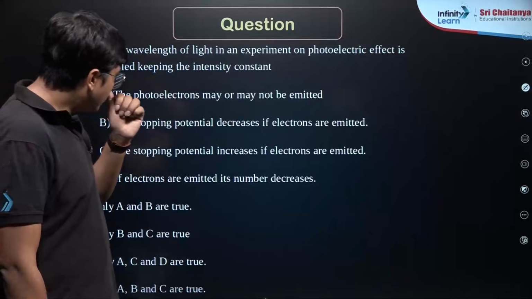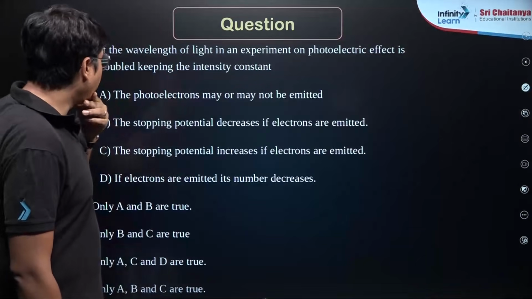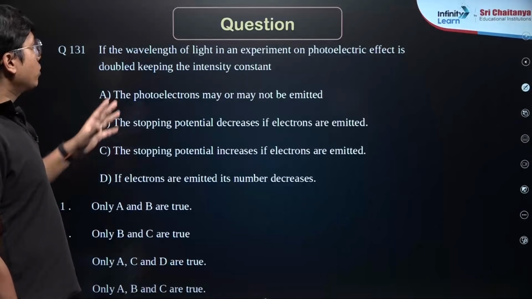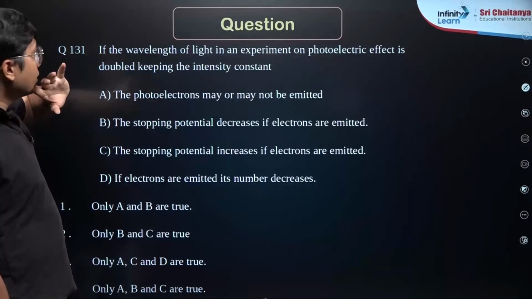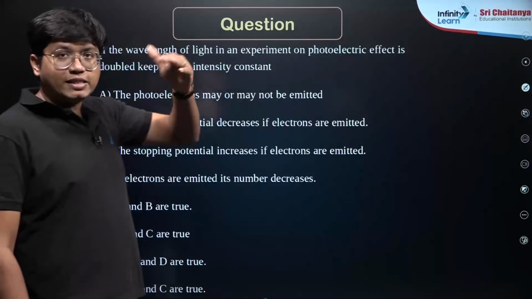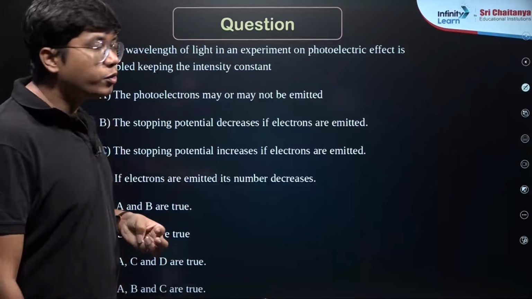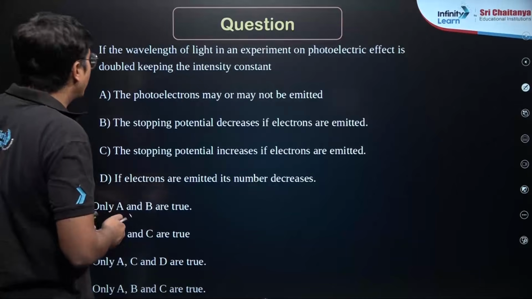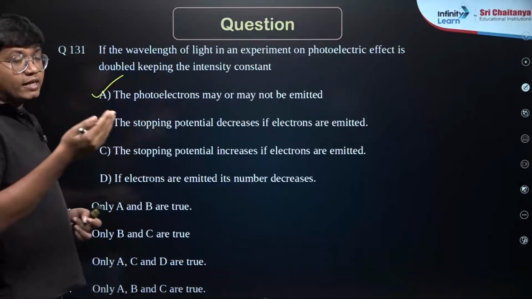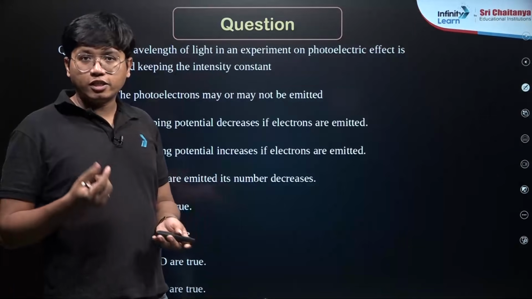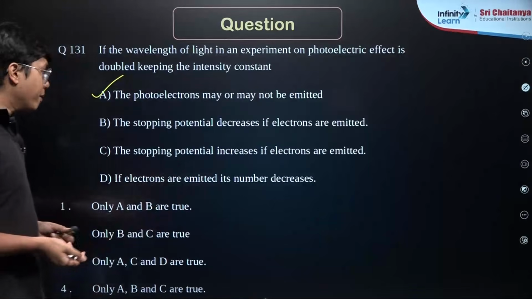Achha, next thing. If the wavelength of light in an experiment on photoelectric effect is doubled, keeping the intensity constant, photoelectrons may... So if I am doubling the wavelength, basically it means I am reducing the frequency. So I am giving less energy through each photon to each electron. So photoelectrons may or may not be emitted. Of course, if the energy is less than the threshold energy, or what we call the work function, then it won't be emitted.